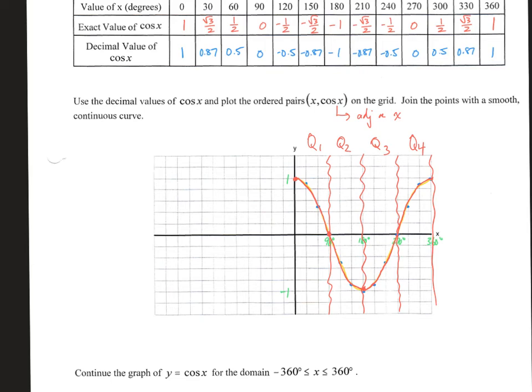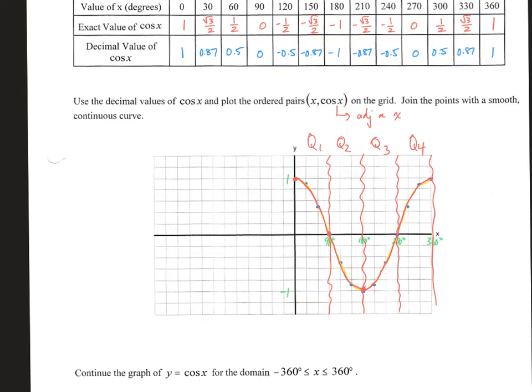Notice that my maximum to my 0 to my minimum to my 0 to my maximum occurs at my axis values the same way as what my sine curve did. They're just different values.